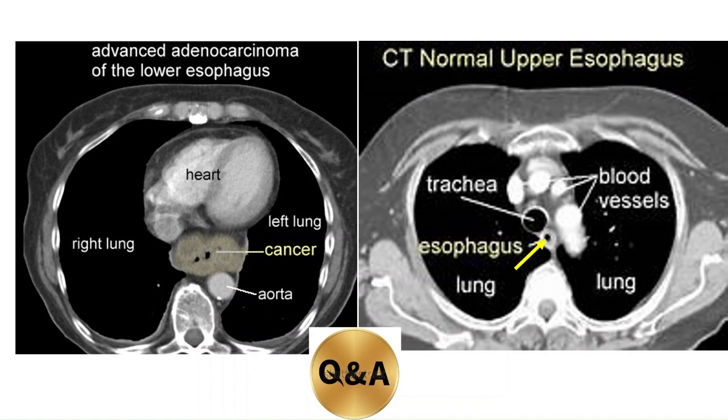Here is the esophagus posterior to the trachea and anterior to the body of vertebra, and to the right of the beginning of the thoracic aorta.